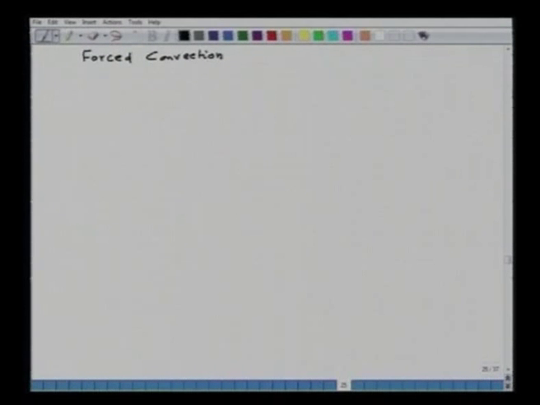Now, similarly, for forced convection heat transfer, there could be several cases. For example, you have a cylindrical object or a sphere where fluid is moving or striking. This is, for example, an object in a fluid stream.